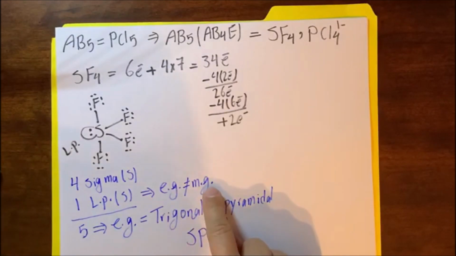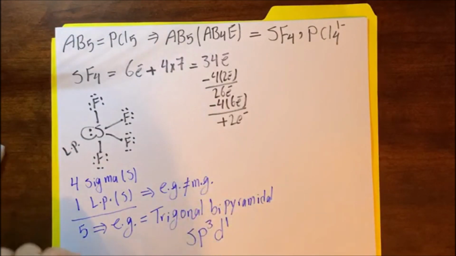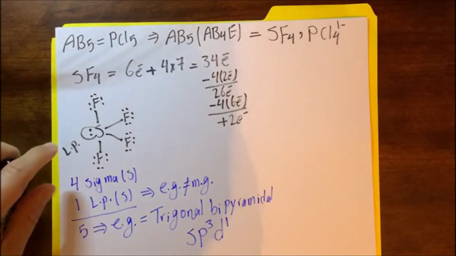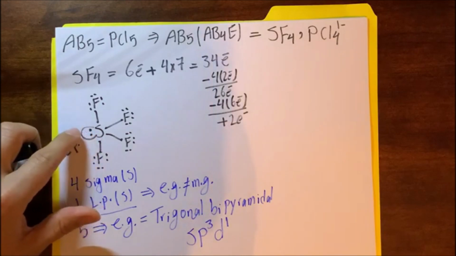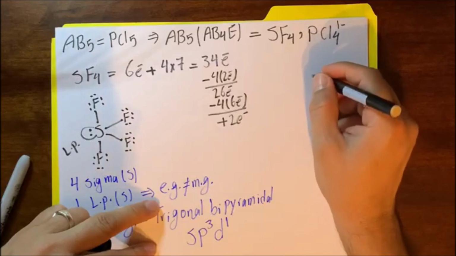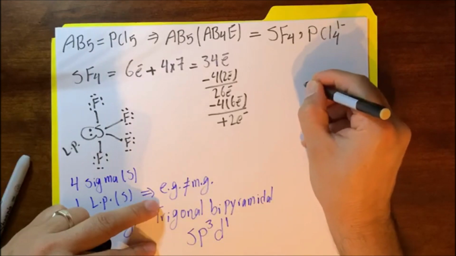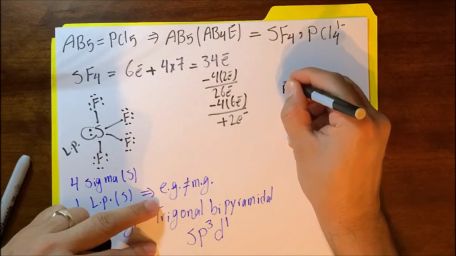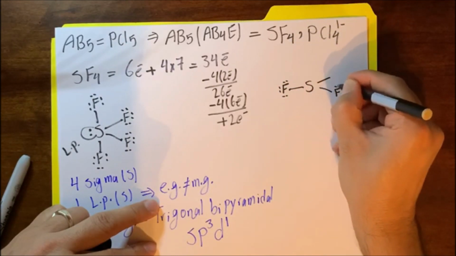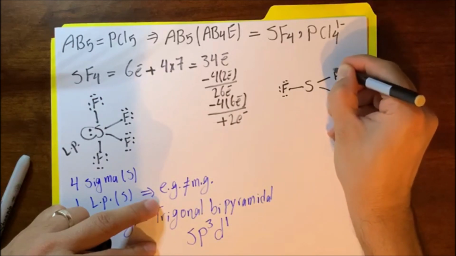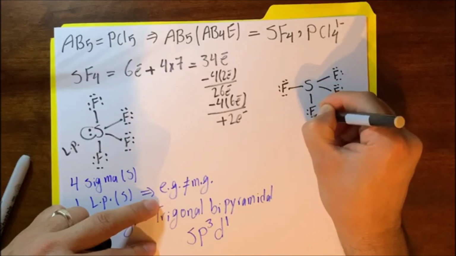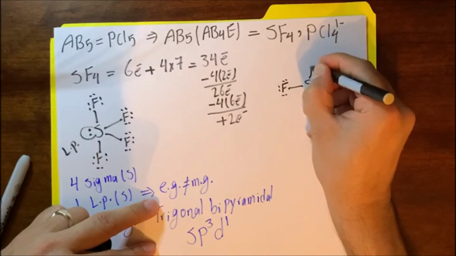I need to talk about the molecular geometry. I had 2 options for the lone pair: one is to put it in the equatorial position, the second axial. So I could draw this: sulfur, fluorine, and the lone pair, I'll put it there.